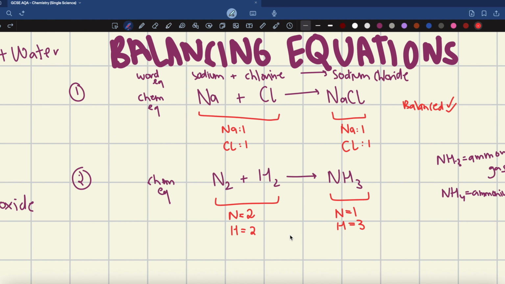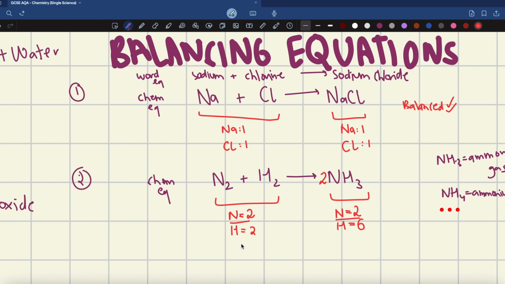How can we balance this out? 2 nitrogens and 2 hydrogens on the left hand side, 1 nitrogen and 3 hydrogens on the right hand side. How about we put a 2 next to NH3? If I put a 2 next to this, the amount of nitrogens becomes 2 and the amount of hydrogens becomes 6. That's way more than what's on the left, but did my nitrogens not get balanced?